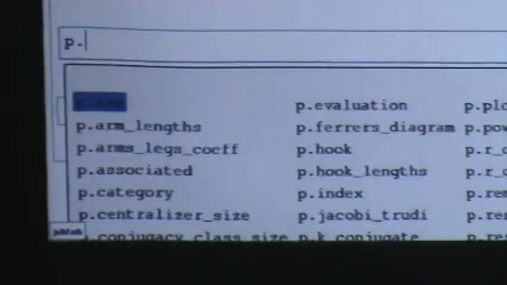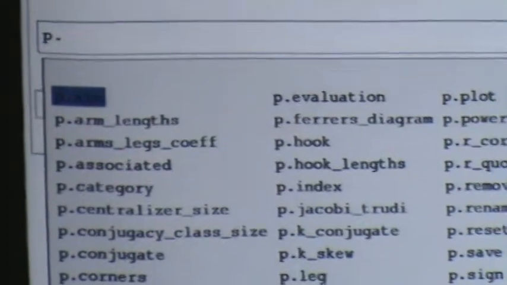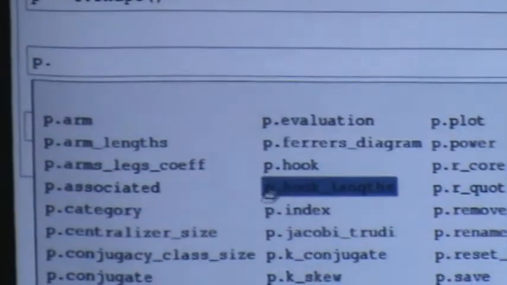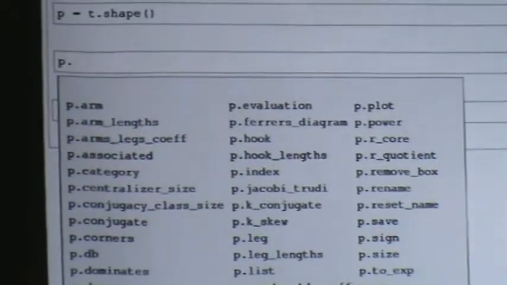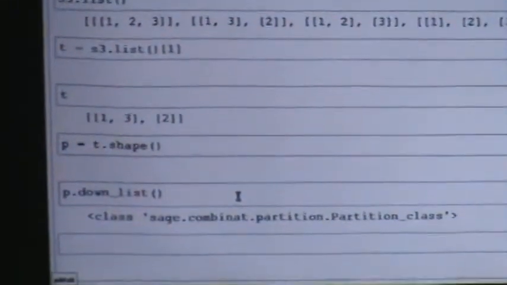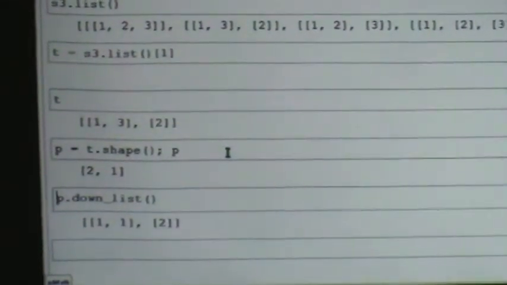There. And you can ask, well, what things can you apply to a partition? Say, all the partitions you get by taking away a box. Remember, our partition P was 2, 1.